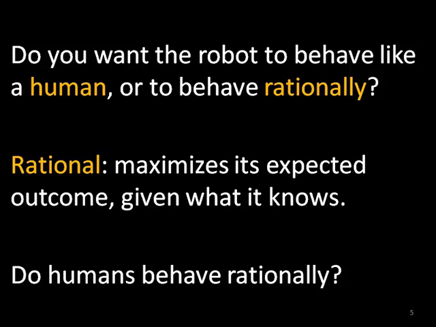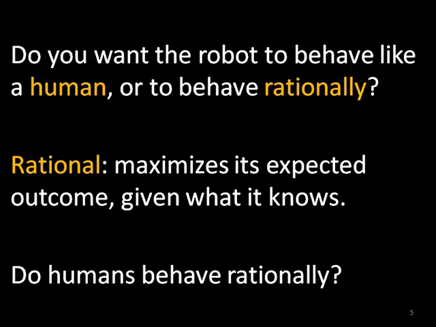Another way to state the definition of rational is to say that the agent always does what is the most good for itself. Philosophers and psychologists disagree about whether or not humans fundamentally behave rationally. In artificial intelligence, there are different camps of researchers that are studying the problem from different points of view.